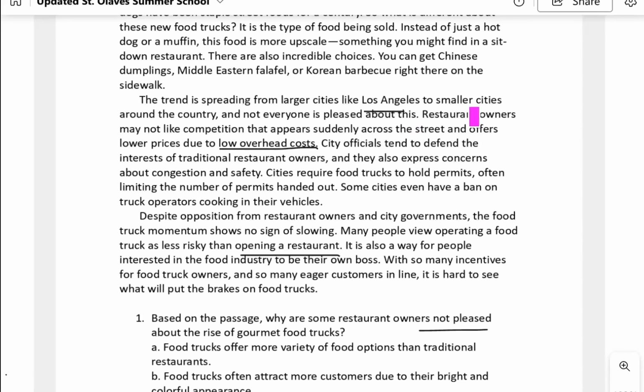I'm going to highlight this, and we can see that restaurant owners specifically don't like the competition that appears suddenly because of the lower prices due to lower overhead costs. So the only answer that's completely from the direct quote is food trucks pose a direct competition by offering similar food at lower prices. So C is the answer.